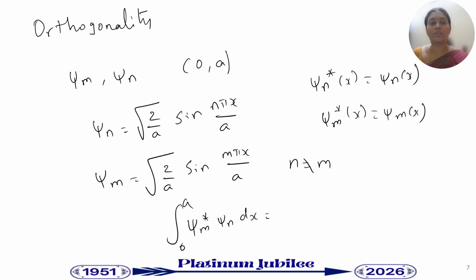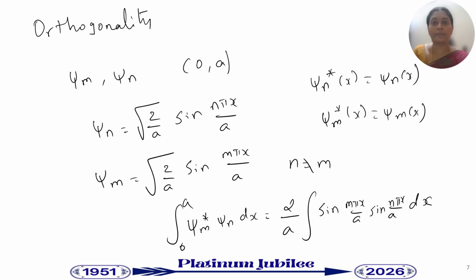If I substitute the psi m and psi n values, I'll be getting sine m pi x by a, then sine n pi x by a into dx, in the same limit 0 to a.